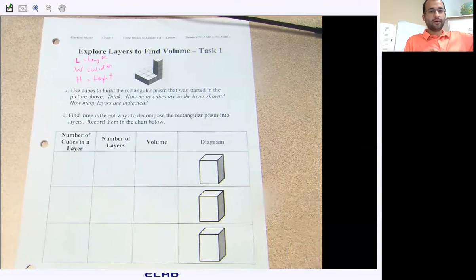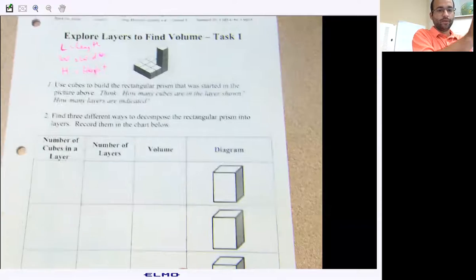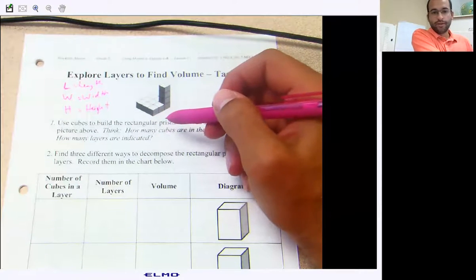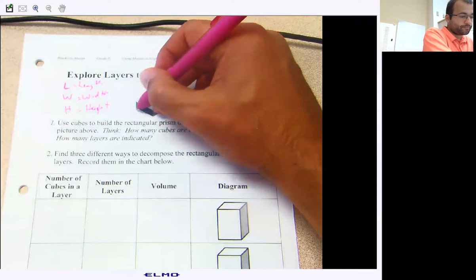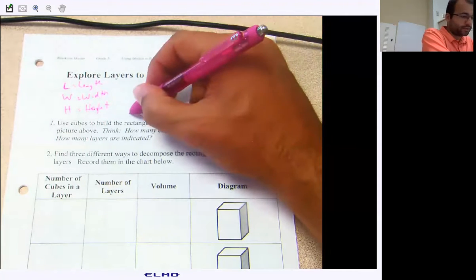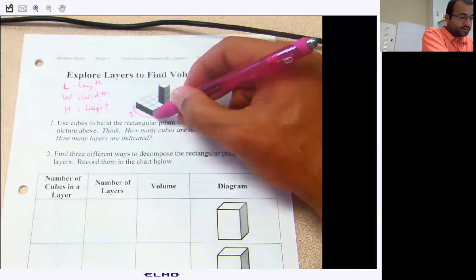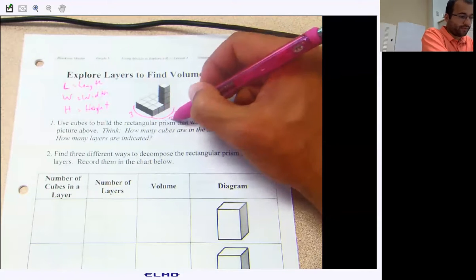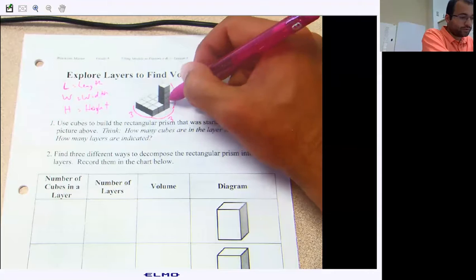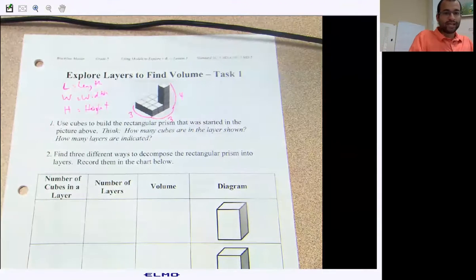So take a look at this top picture right here. This top picture is not yet complete, but we know all of our dimensions. From here to here is our width, and that is 3. From here to here, that is our length, that is 3. And from top to bottom, that's 1, 2, 3, 4. So once again, how did I get that?